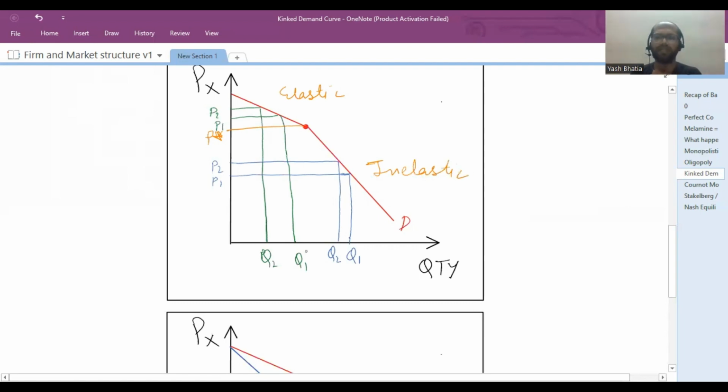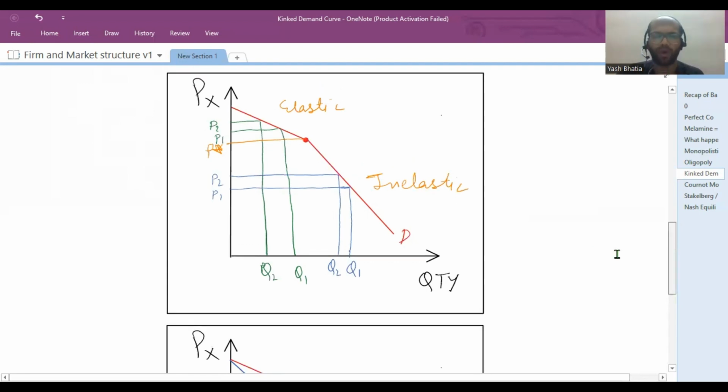Okay, let's understand it with the help of an example. Let's say today Coke increases the price of this product, which is the cola. It will lose some customers to Pepsi, and since the firms are interdependent, Pepsi may not increase their prices. So Coke has increased the prices, but Pepsi has not, and Coke will lose customers to Pepsi.